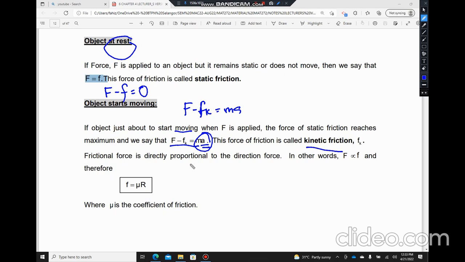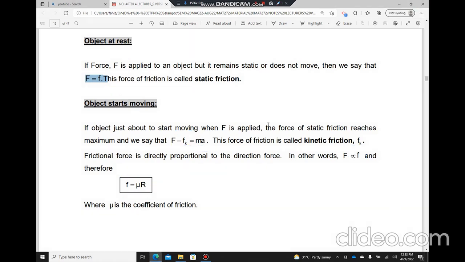Frictional force is directly proportional to the reaction force. In other words, okay, f dia berkadar langsung dengan R, and therefore f equals to mu R, where mu is the coefficient of friction. Kita ada formula kat sini, f equals to mu R. Mu is a coefficient of friction. Okay, so dia ada dua lah case.